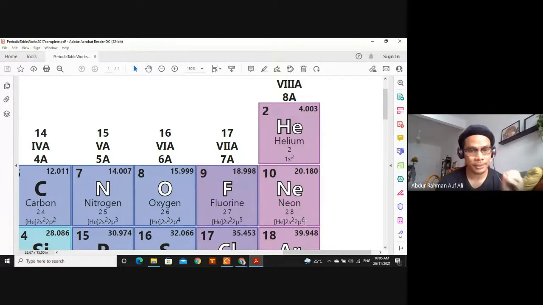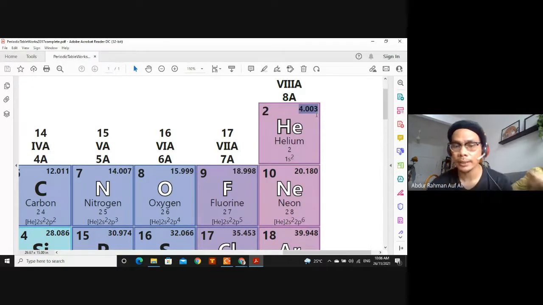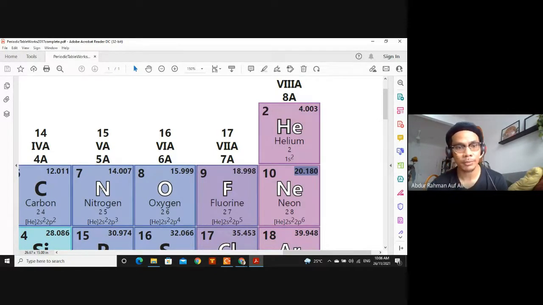Mol ni adalah bilangan macam dozen. 1 dozen bermaksud ada 12 biji. So 1 mol maksudnya ada 6.02. So helium kat sini berat helium ni 4.003 gram ni adalah berat untuk 1 mol helium. Berat neon 20.180 ni adalah berat untuk 1 mol neon. They both are the same amount, iaitu 1 mol. Tapi berat dia berbeza because of the circumstance, macam saya cakap tadi, bilangan proton dan bilangan neutron dia berbeza.